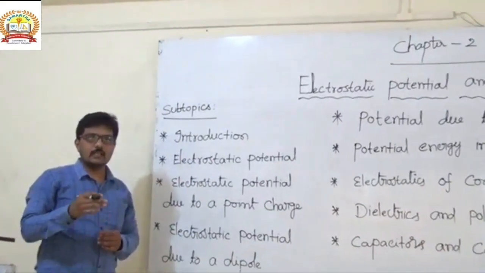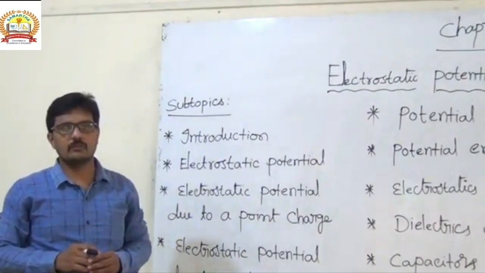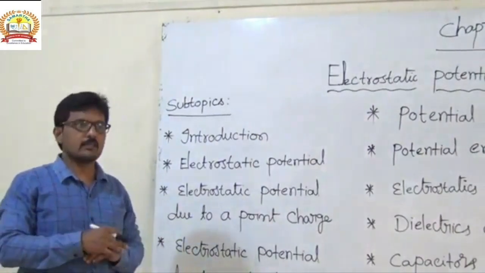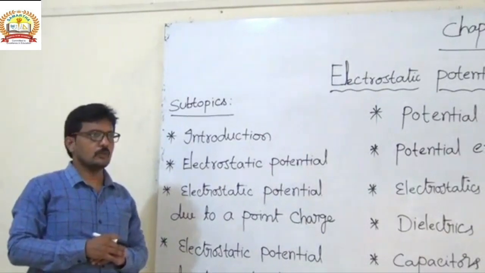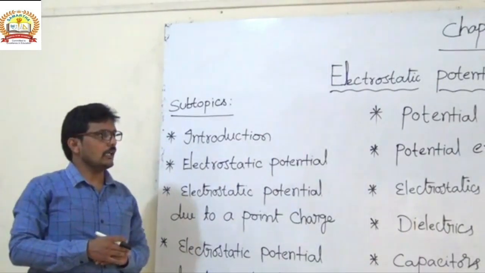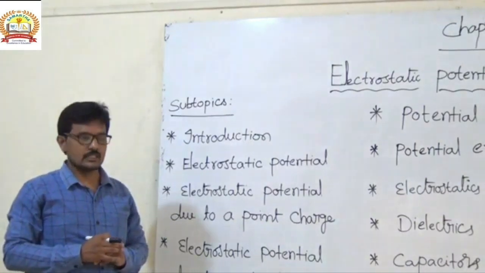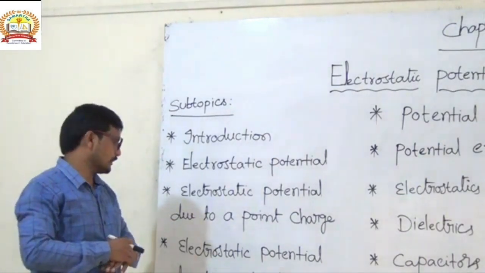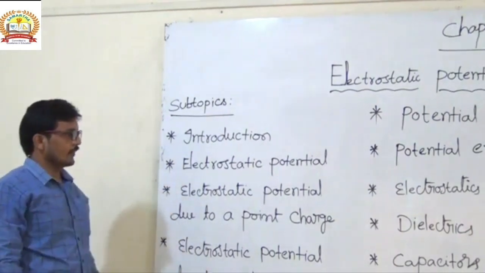This electrostatic potential energy would not be meaningful if it depended on the path. So here the electrostatic force, being conservative, depends only on the initial and final points.